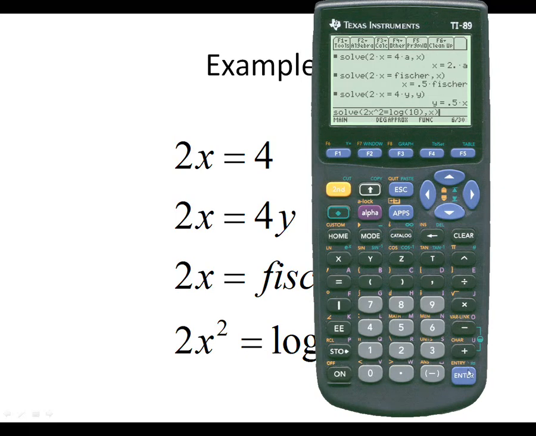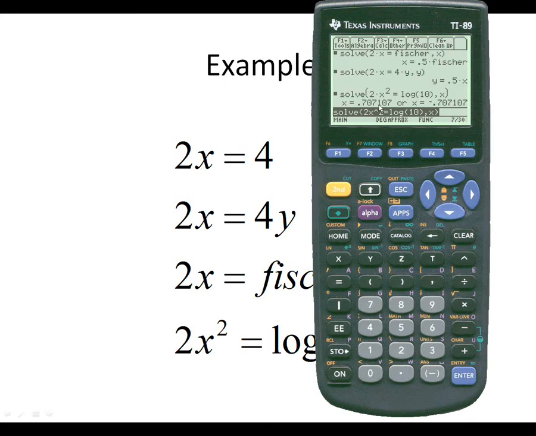close out my parentheses, and notice I get 2 answers here. What does that mean? That means that there's 2 possible values of x, either positive 0.707 or negative 0.707. If I plugged in x into this equation, so let me do that.